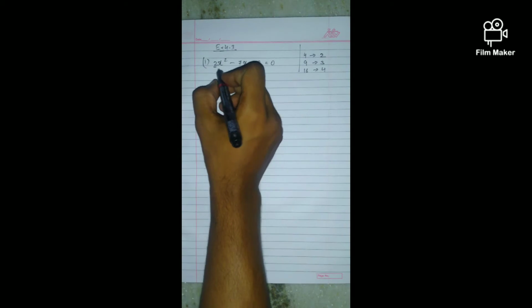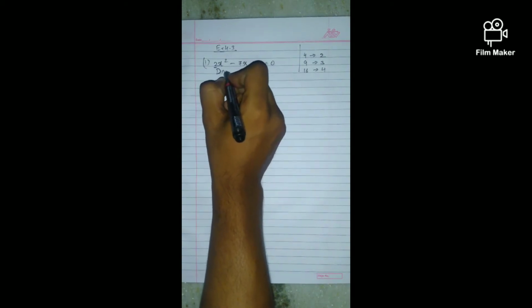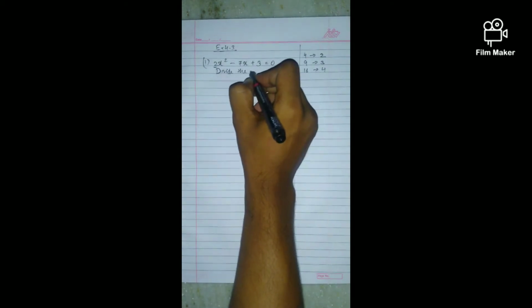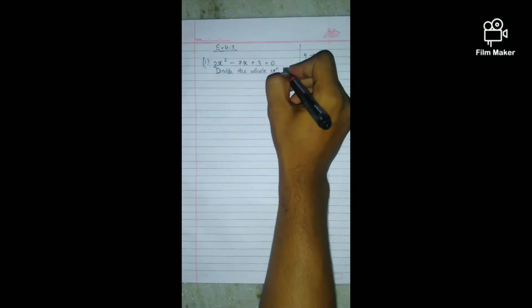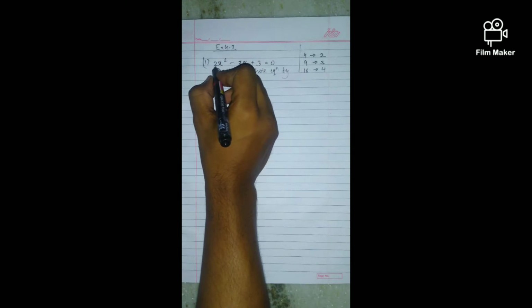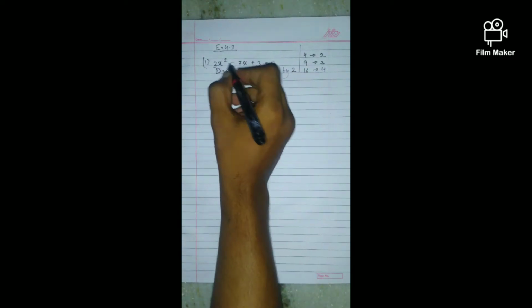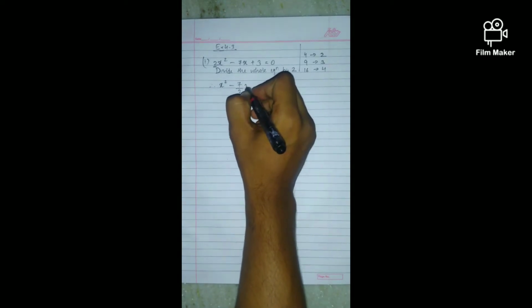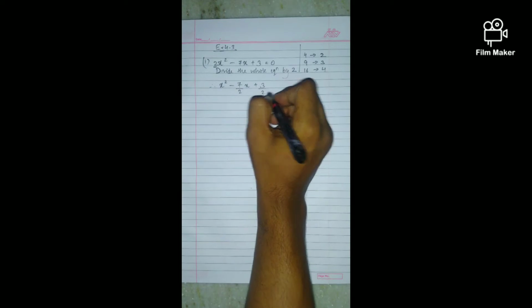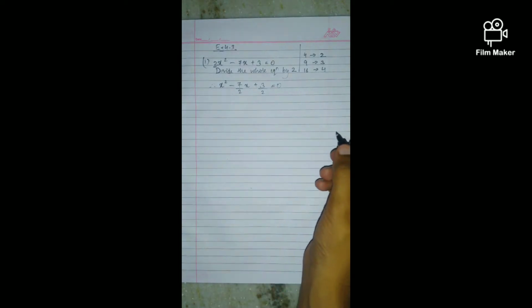So we need to divide the whole equation by this number, 2. So what do we get after dividing? x square minus 7 by 2 x plus 3 by 2 is equal to 0.